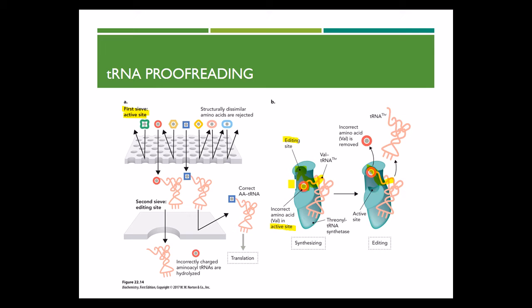But if you have amino acids that are close enough in shape that the amino acid finds its way into the active site, it then is going to have a second check by going through the editing site. Based on interactions in the editing site, the amino acid is either approved or denied. So that is what we call the double sieve proofing of transfer RNA.